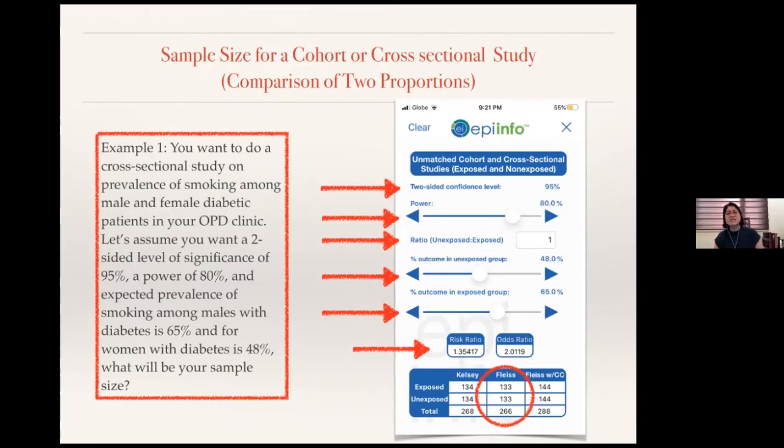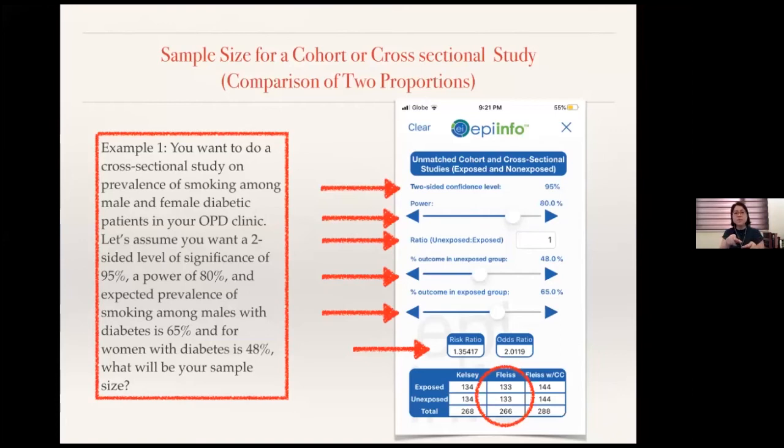Professors Fleiss and Kelsey are mathematicians who came up with the equations for getting sample size for comparing two proportions. Ano yung differences nila? They actually just have differences in terms of the Z. It's a constant. It's a constant number that we have in the equation. Doon lang sila medyo nagkakaiba.